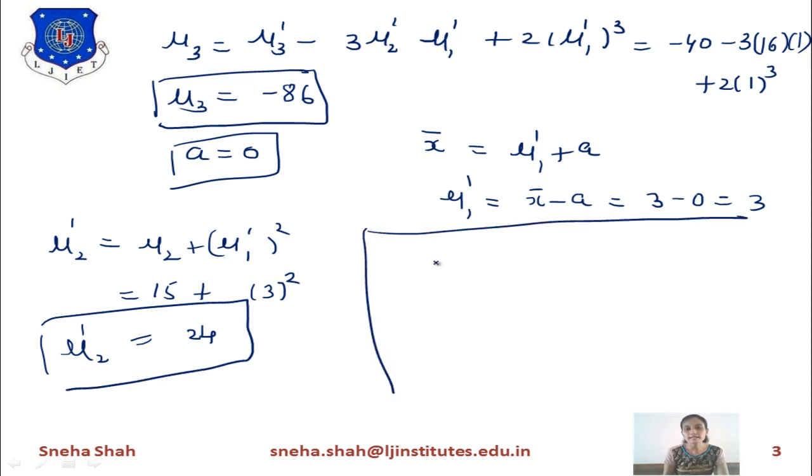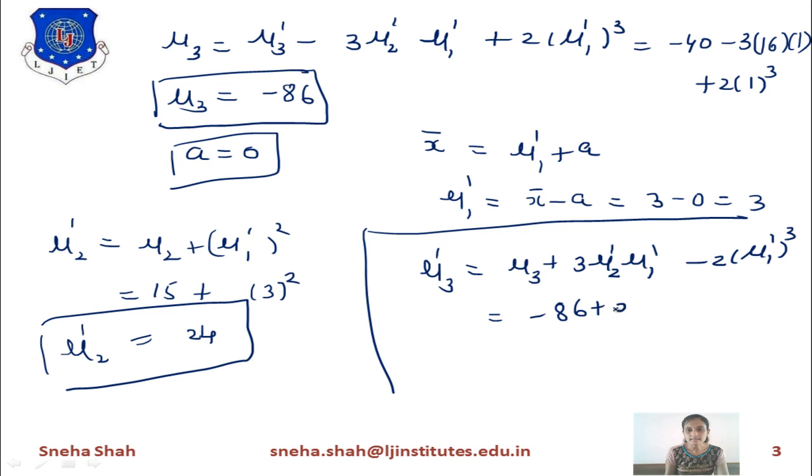Similarly, if we find the next term, mu3 dash, the value of mu3 dash equals mu3 plus 3 mu2 dash mu1 dash minus 2 (mu1 dash) whole cube. So what is the value of it? Mu3 equals minus 86, plus 3 into mu2 dash, means 24, into 3, minus 2 into 3 cube.